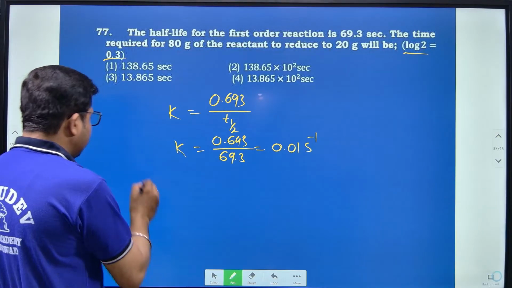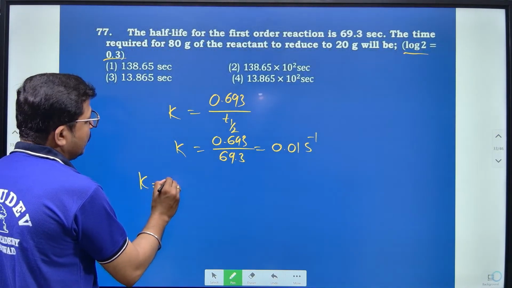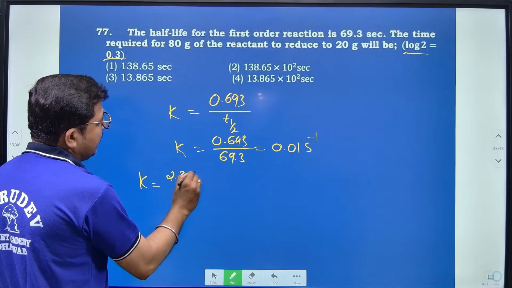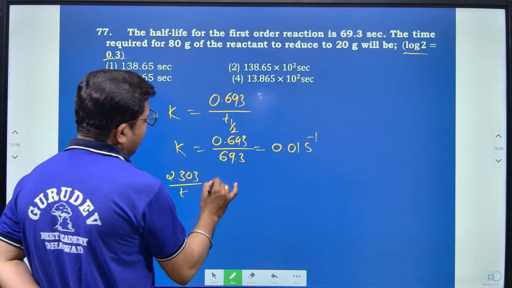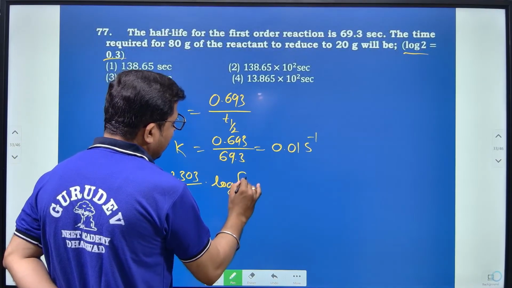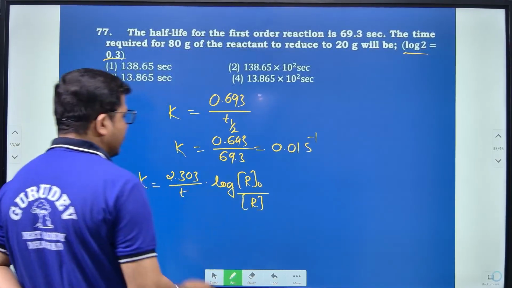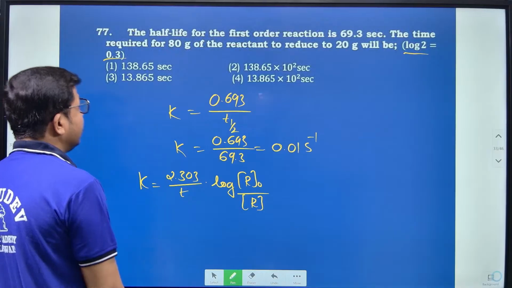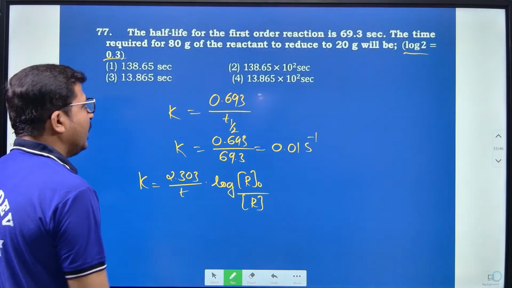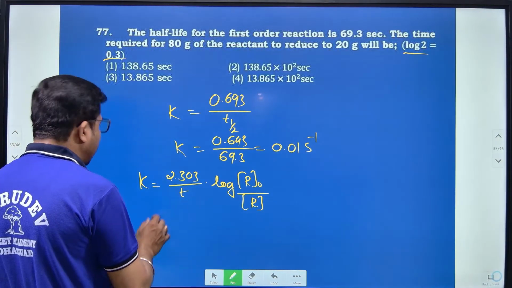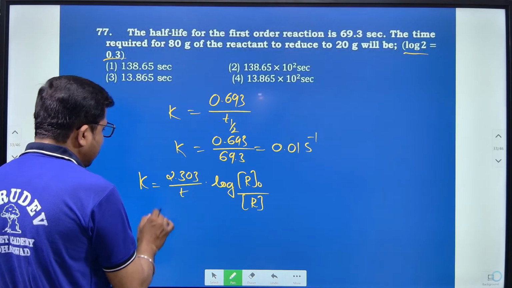And now substitute. K is equal to 2.303 divided by T into log of R naught divided by R, right? Now, let's move to the question.